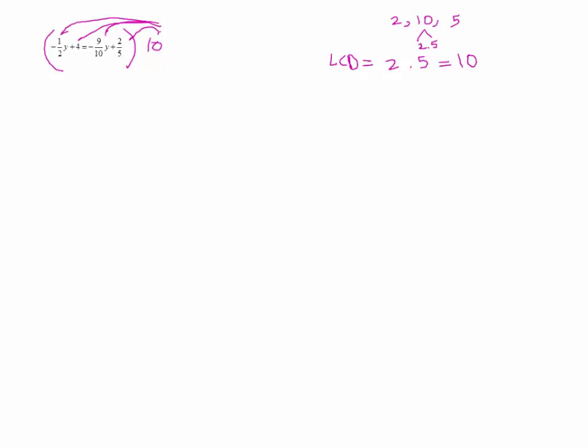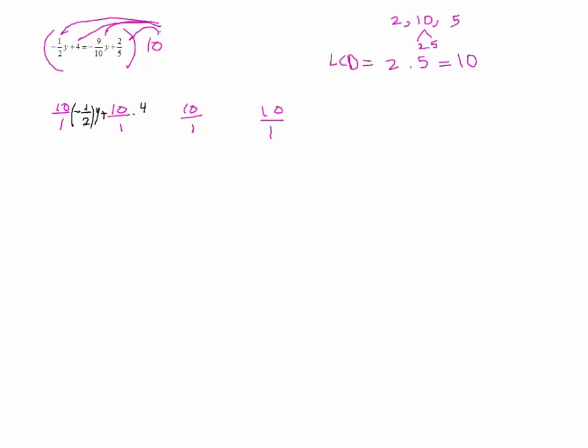The first term becomes 10 over 1 times what? The first term, right? All these terms should get multiplied by 10, or 10 over 1. Minus 1/2 y.